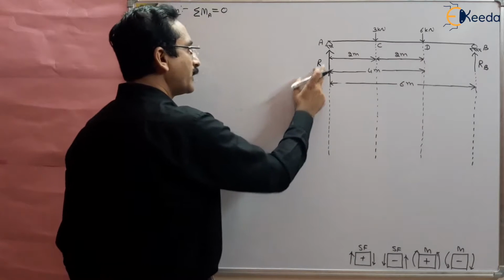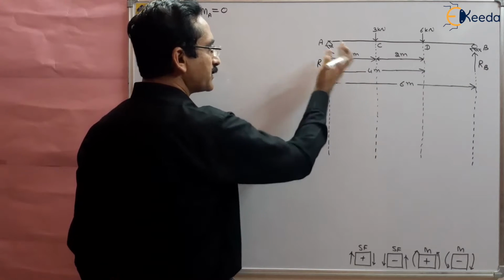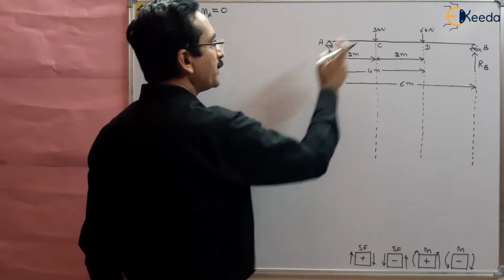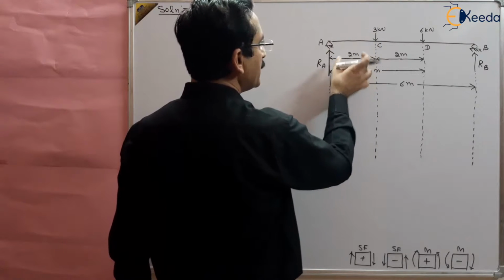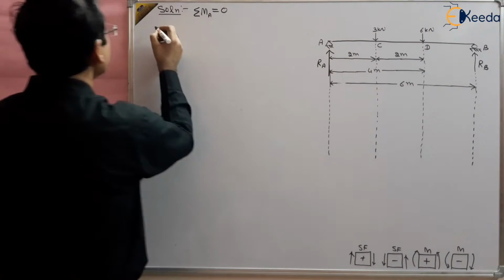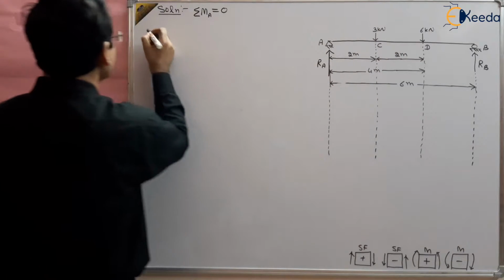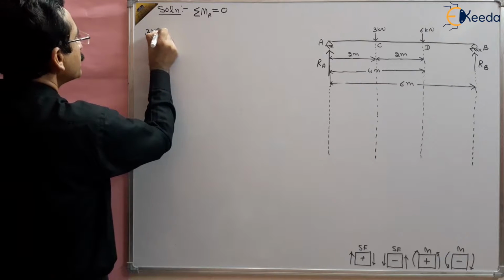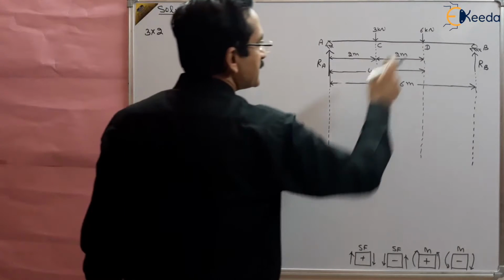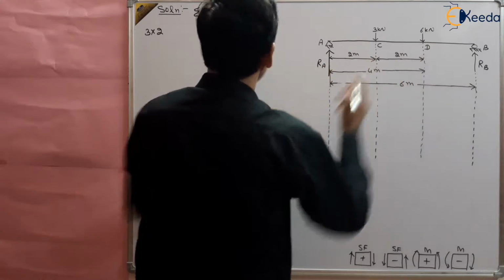The moment of RA about A is 0 because the perpendicular distance is 0. Moment of 3 about A, this is at 2 meter, so 3 multiplied by 2, taking clockwise as positive.